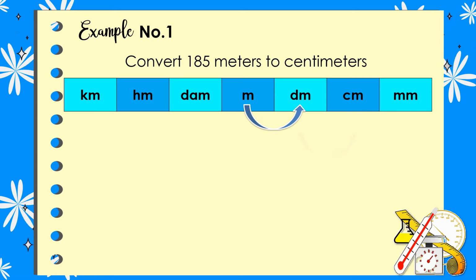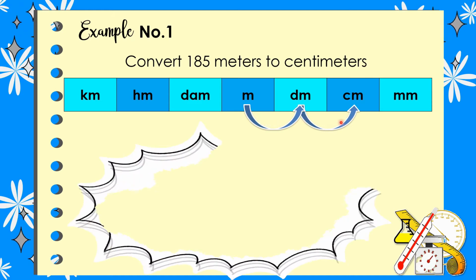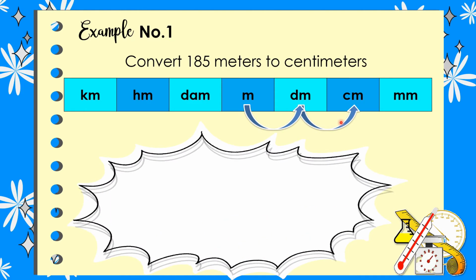Ngayon, pag magko-convert tayo, tingnan natin muna yung difference nila sa isa't isa. So, from meter to centimeter, 2 units away siya. At diba, kapag nagmumultiply tayo by powers of 10, pwede nating i-move yung decimal place niya. So, tatandaan natin, pag move tayo ng decimal place, kung ano yung distance nila sa isa't isa, yun yung magiging dami ng movement na gagawin natin. At tulad nito, ang distance ni meter papunta kay centimeter ay 2 units away.